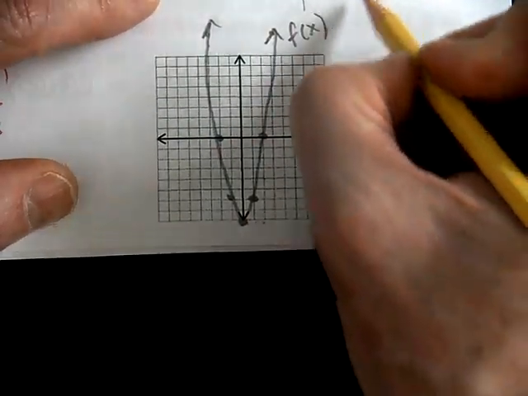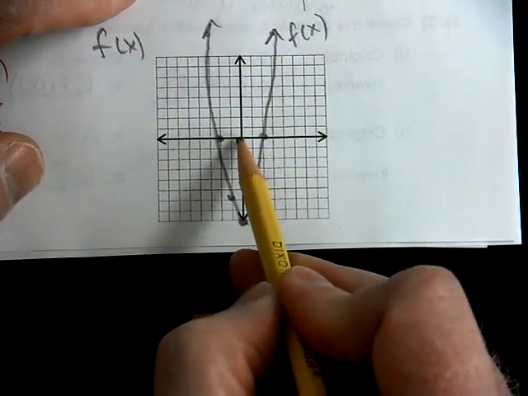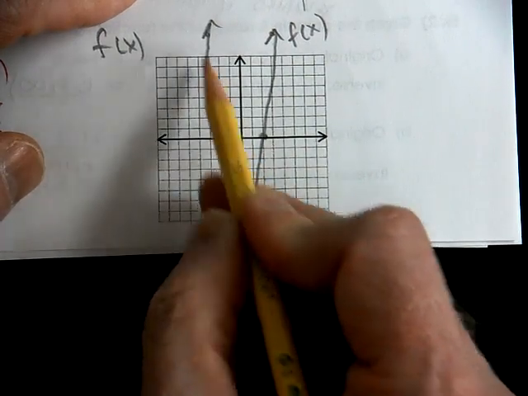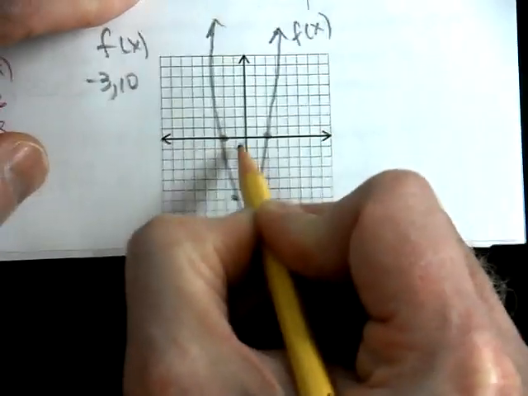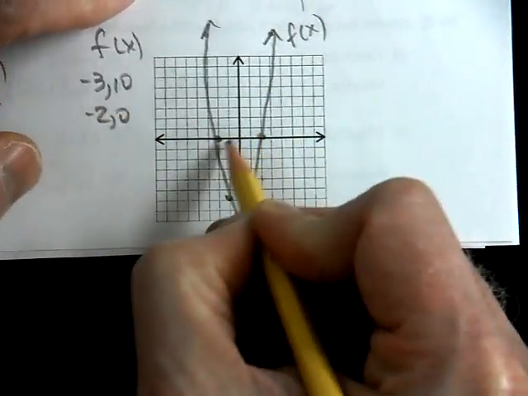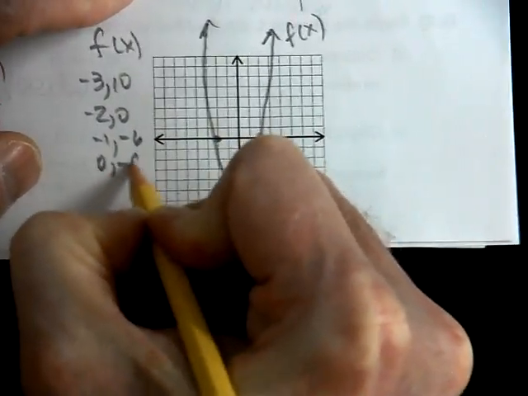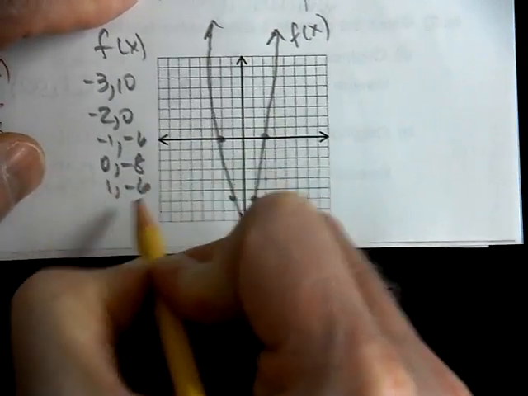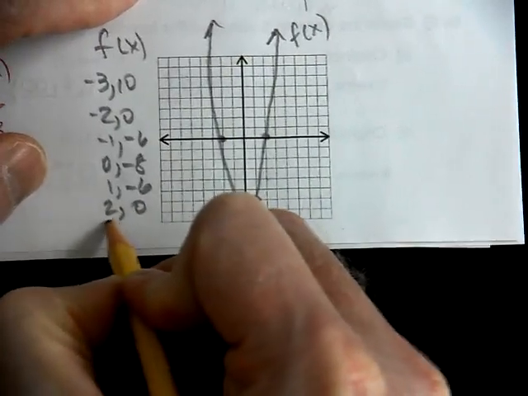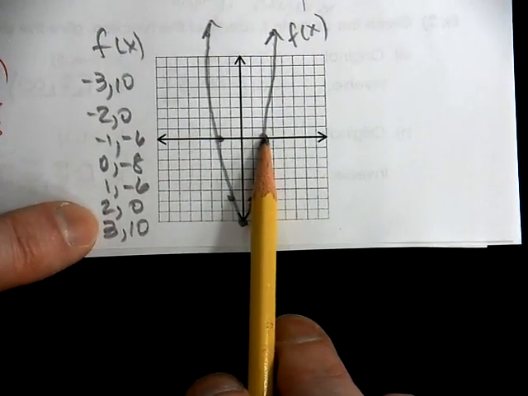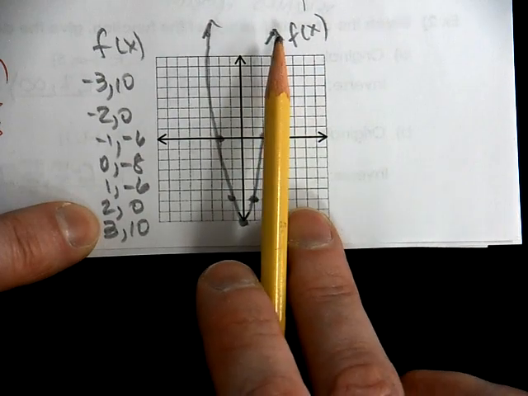And the points that we see for f of x, we have the point at -3, 10, -2, 0, -1, -6, 0, -8, 1, -6, 2, 0, and 3, 10.